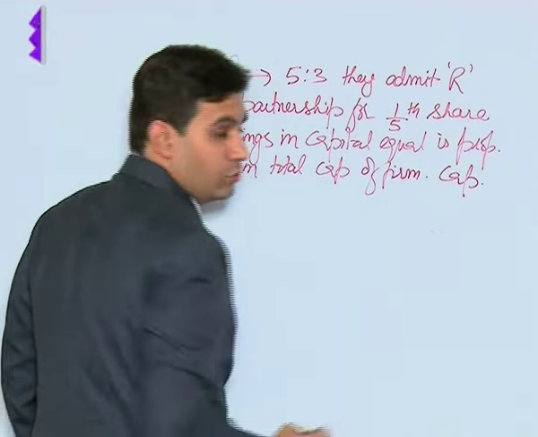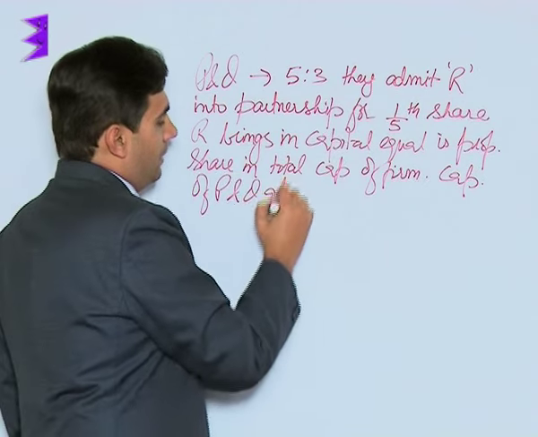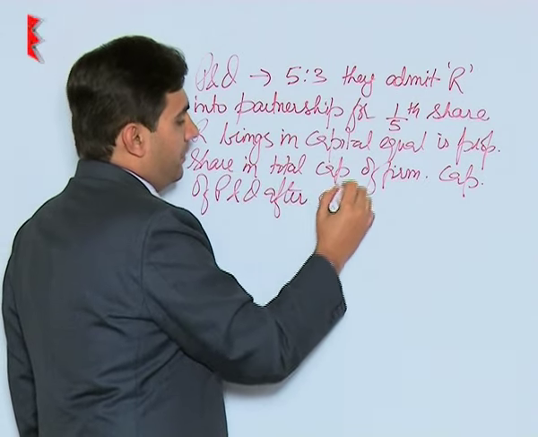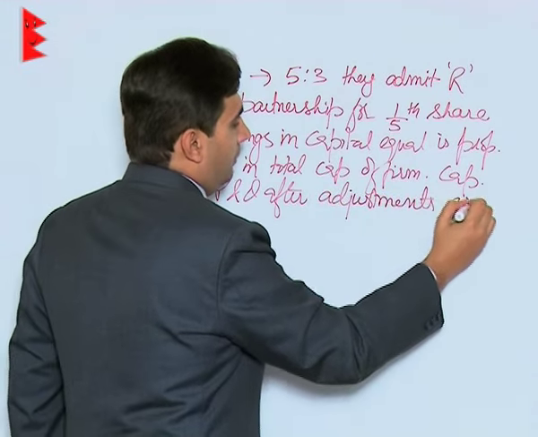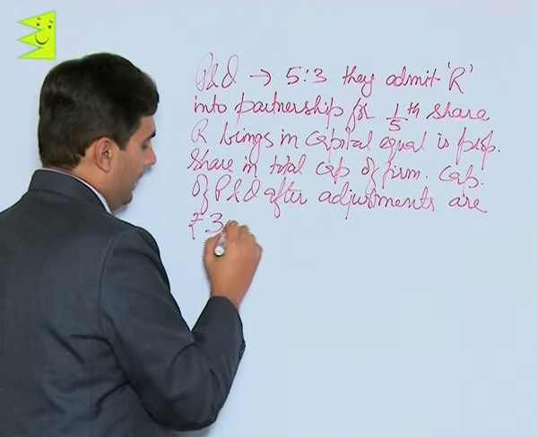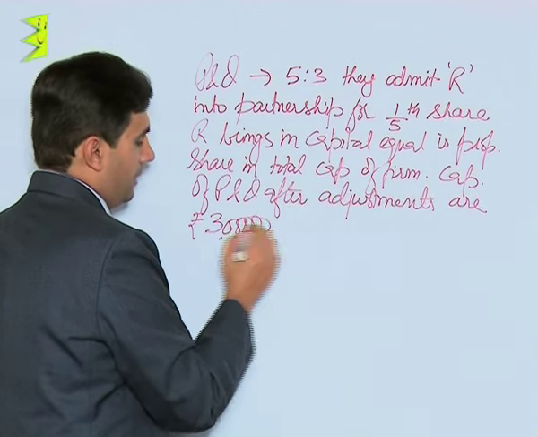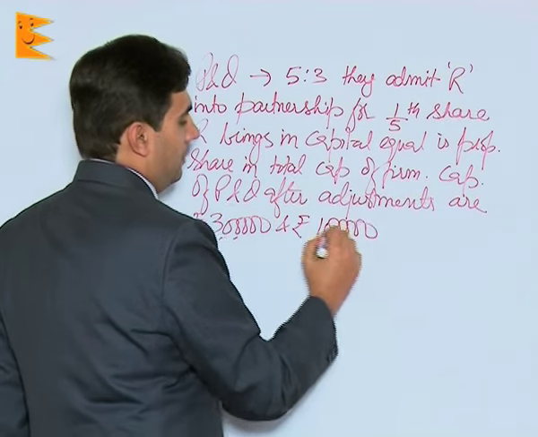Additional information includes capitals of P and Q after adjustments are rupees 3 lakh and rupees 1 lakh respectively.